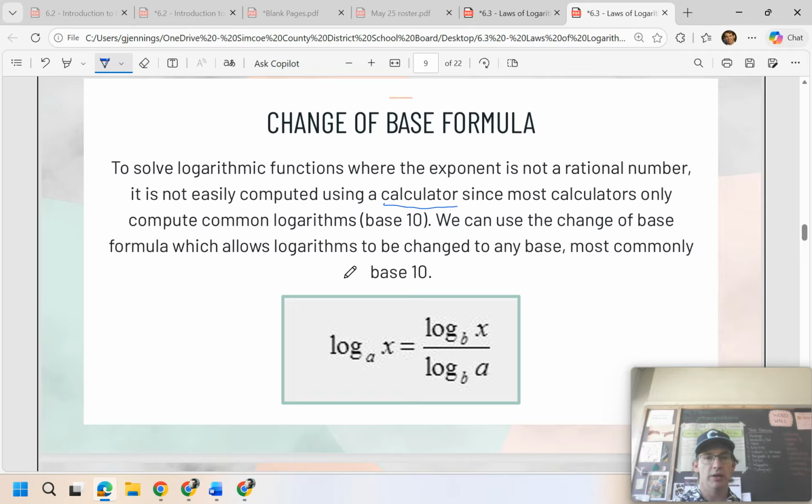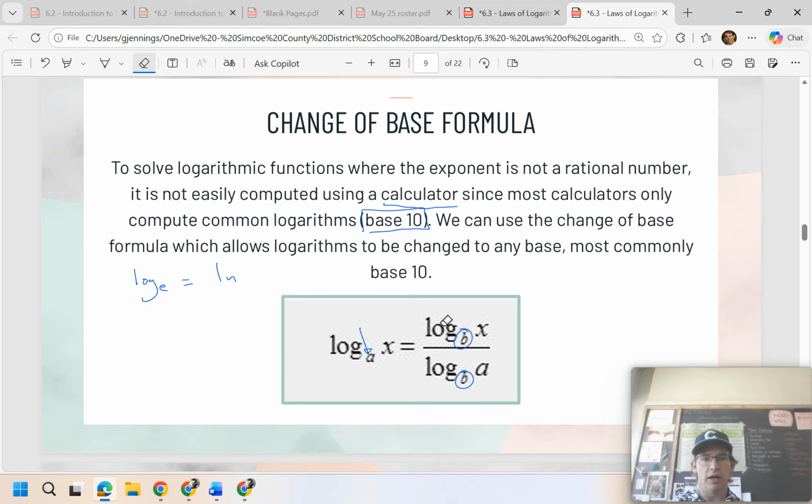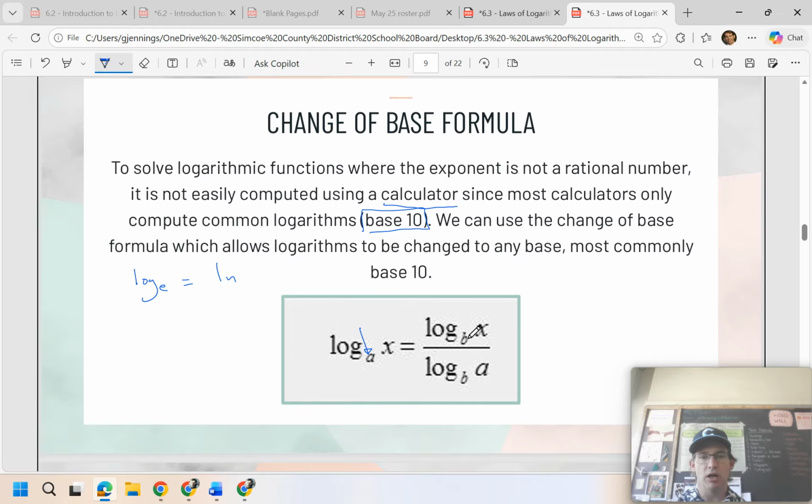Okay. So anyway, generally they only calculate common logarithms in base 10 or the natural log, which is base e. So that's log e, which is written as ln. Okay, natural log. When we need to calculate a logarithm with a different base, let's say we need base a here, then we can just do log base b, log base anything.